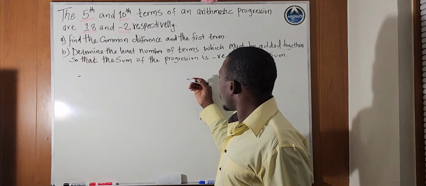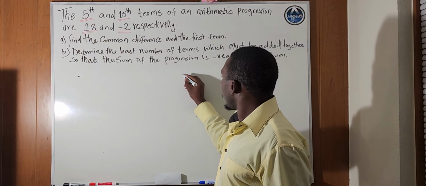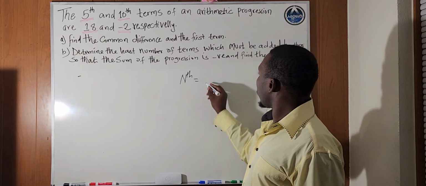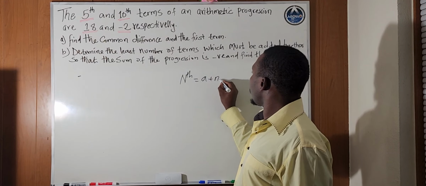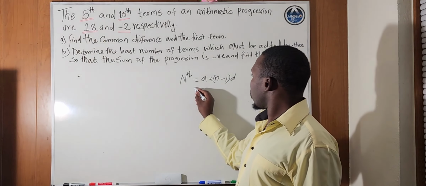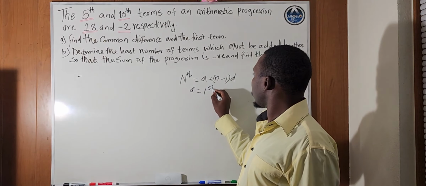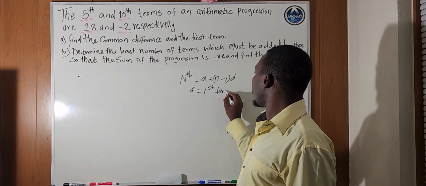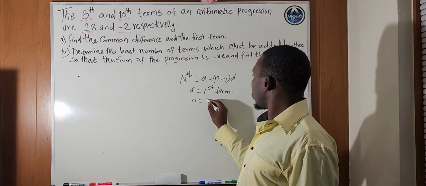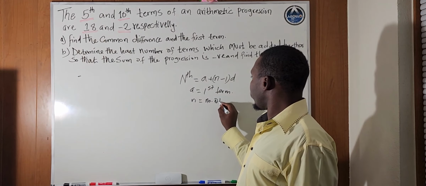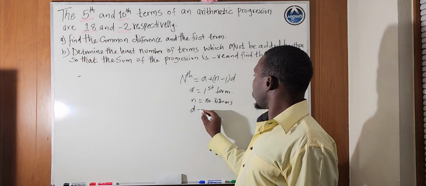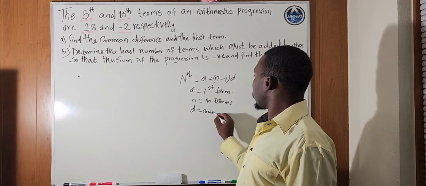The nth term of an AP is given by A plus n minus 1 times D. A is the first term, n is the number of terms, and D is the common difference.